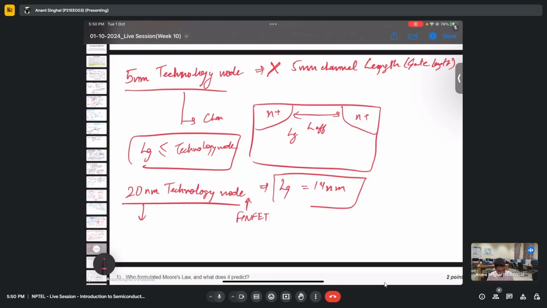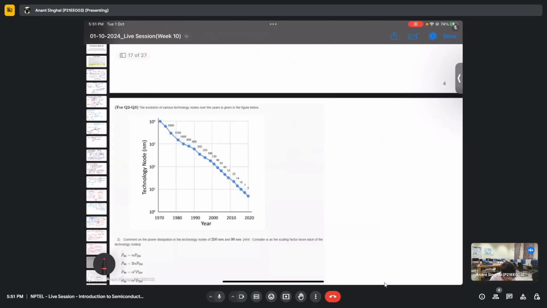So we take a certain area. Maybe there is a question like this in your assignments also. So these are the nodes. It started from 3 micron.